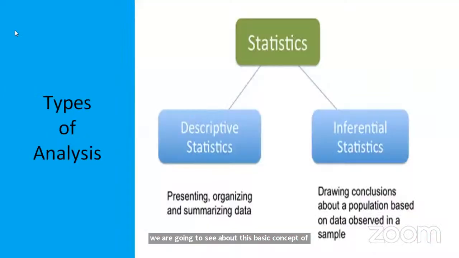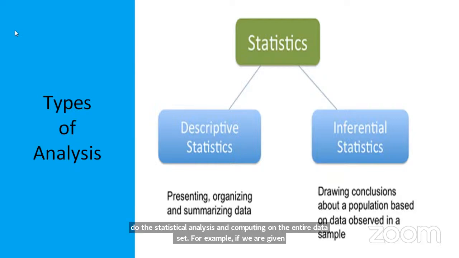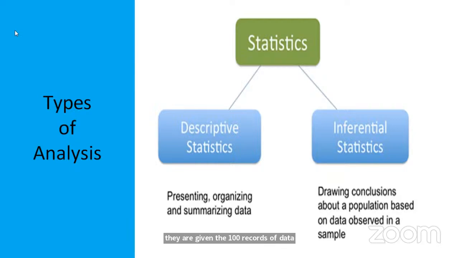Already we know that statistics is classified into two types: descriptive statistics and inferential statistics. Descriptive statistics is how to do the statistical analysis and computing on the entire data set. For example, if they give 100 records of data, we should do the statistical analysis on all hundred records. That is called descriptive statistics.